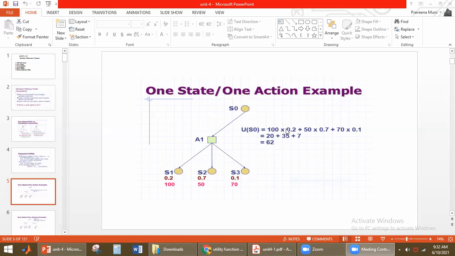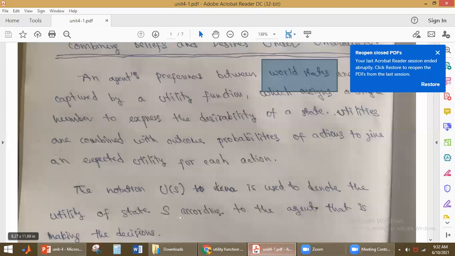By adding all these product terms, we will get the value 62. So what is 62? This is the expected utility of this particular action. If this action is performed, the value assigned to this action is 62. So what have we done? We are combining the utilities with the outcome probabilities.